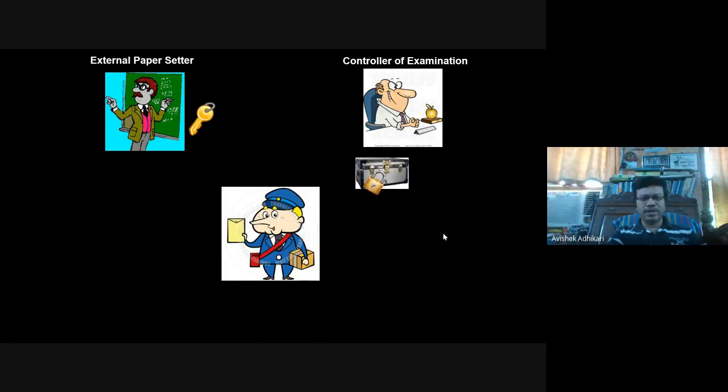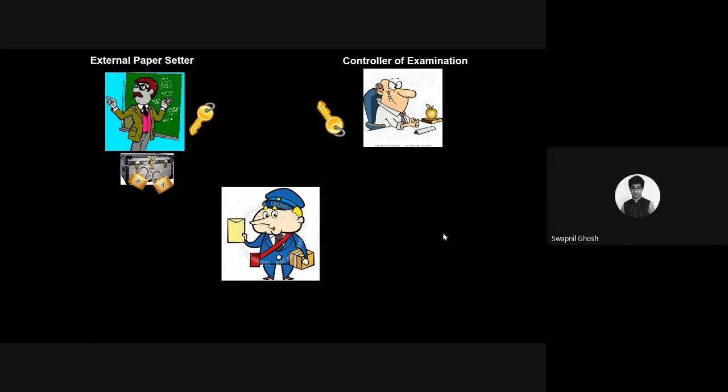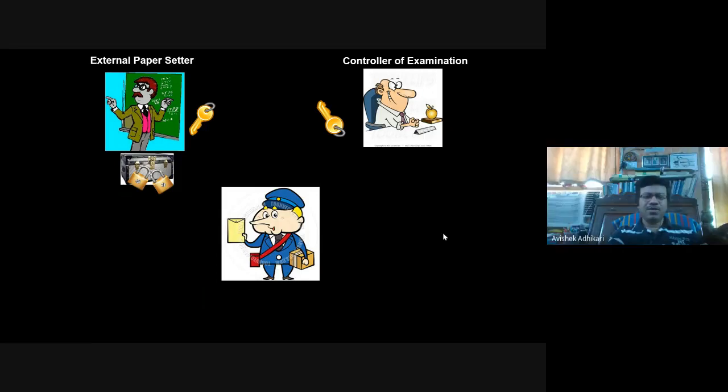The controller of examination will bring another lock and key, put the lock onto the box, keep the key with him, and send both the lock along with the box to the external examiner. The external examiner has his own lock and key, so he can open this and send the locked box to the controller of examination.